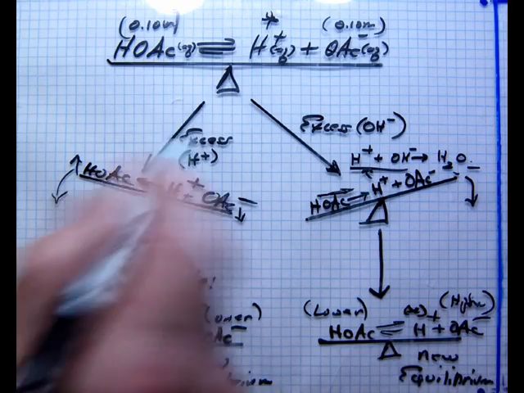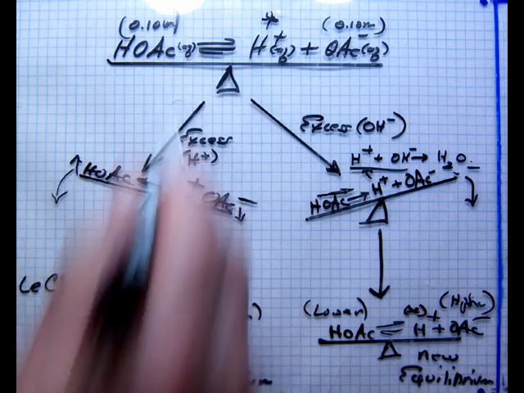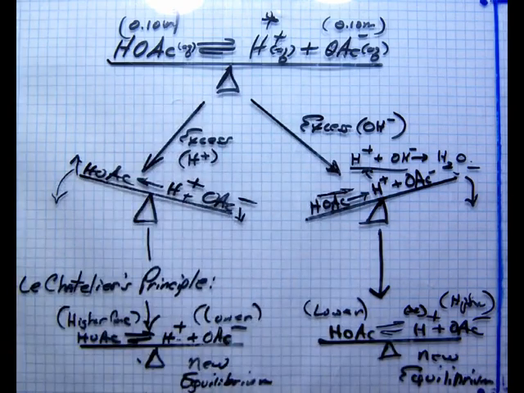And so whether you're adding acid or whether you're adding base, the chemistry of this equilibrium takes over and shifts the equilibrium from the stress applied back to the stable equilibrium. Now the concentrations have changed, but you still have an equilibrium.